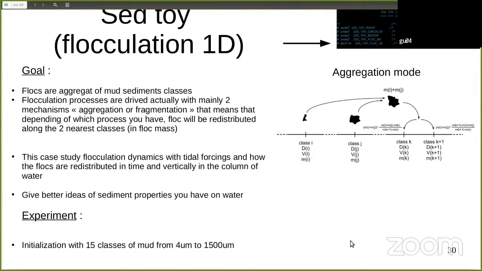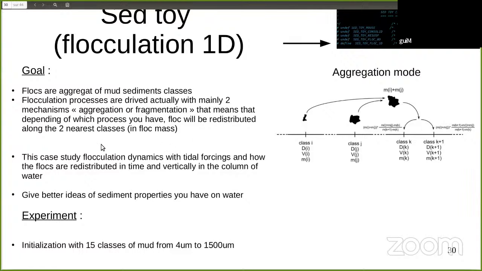It will be redistributed depending on which process you have. As I wrote, there are mainly two mechanisms: aggregation and fragmentation. On the right, you have one floc there, and there's another one there. And we see that in aggregation mode, we have changes of property of the floc in mass, and this floc is redistributed in another class.